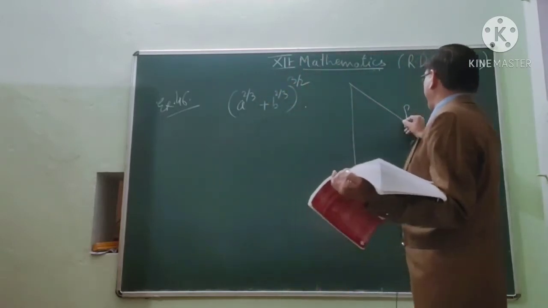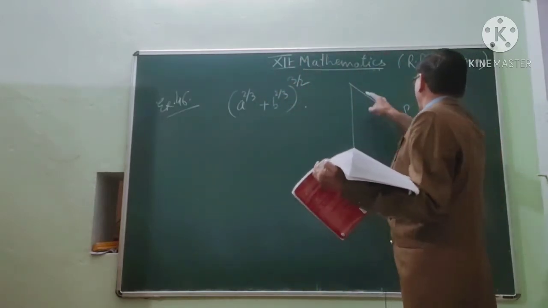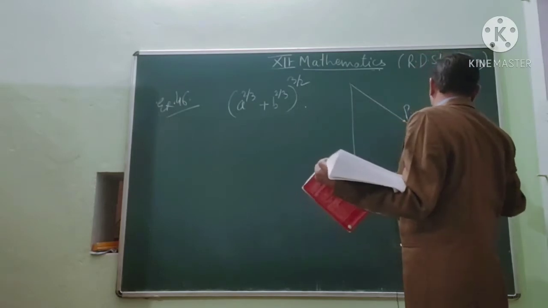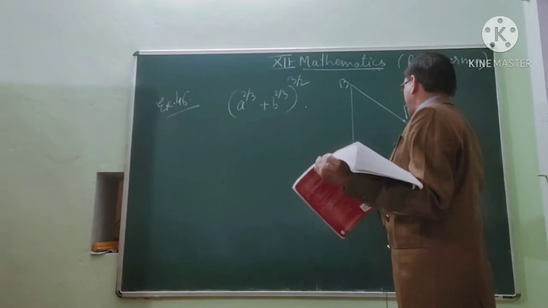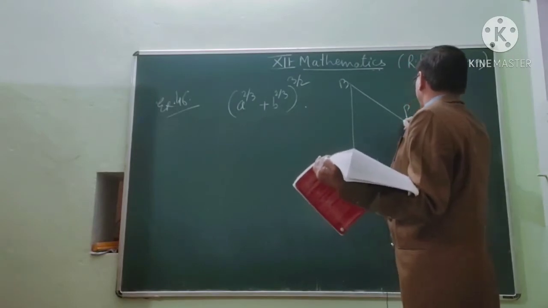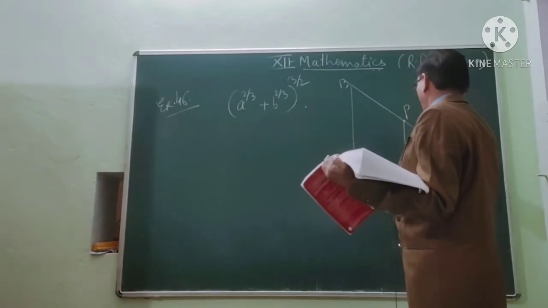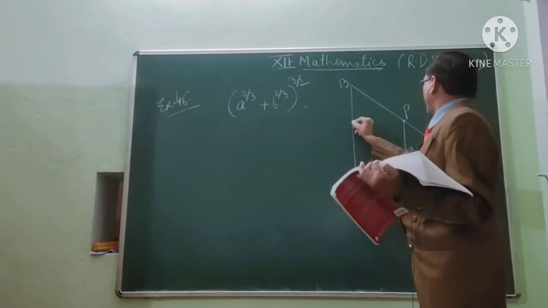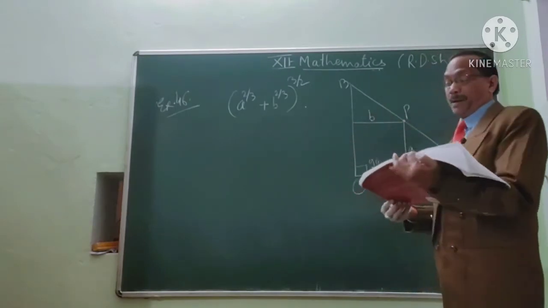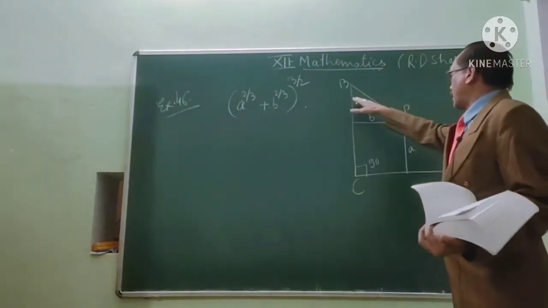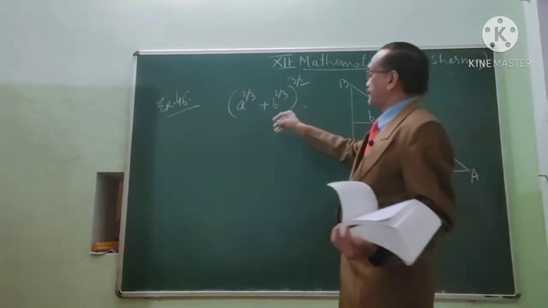So there is a point P on the hypotenuse, let it be (a, b). Angle C is the right angle, 90 degrees. Its distance is a from one side and b from the other side. We have to prove that the minimum length of the hypotenuse is this.